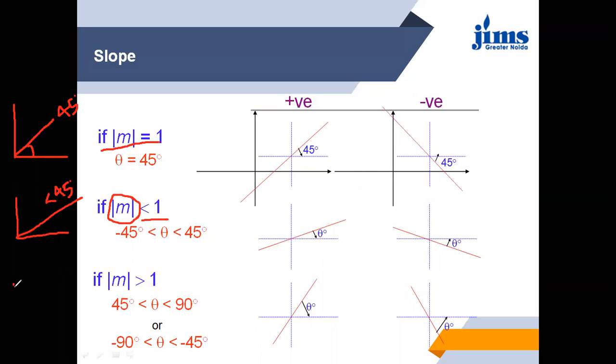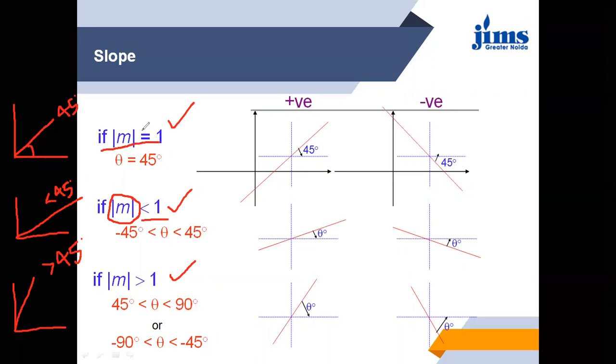And in the third case, the angle is greater than 45 degrees, so the value of m is greater than 1. So there can be three cases: m equal to 1, m less than 1, and m greater than 1.